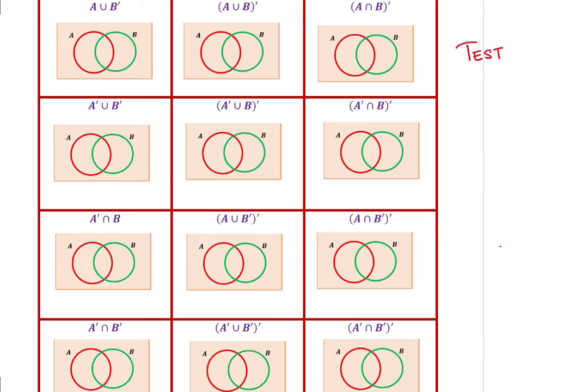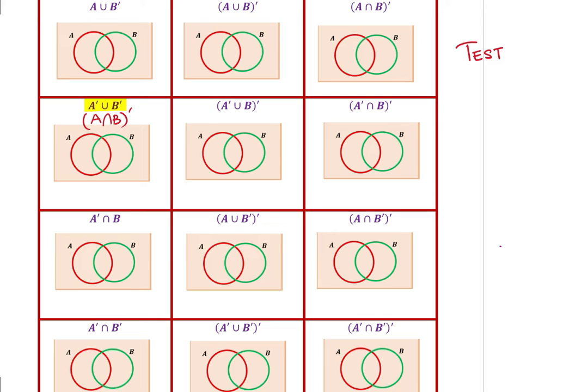Now let me show you that some of them can be done very easily using De Morgan's theorem, as we just worked on. When I say union of not A, not B, I could write this as the complement of the intersection of A and B. So that is one and the same thing.